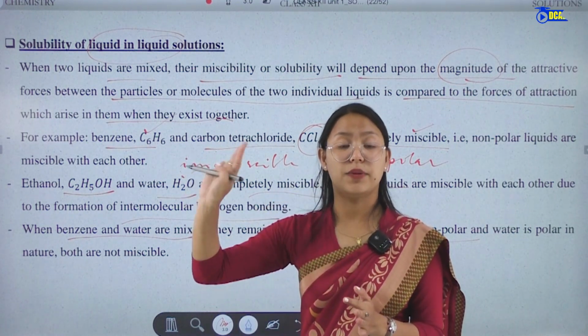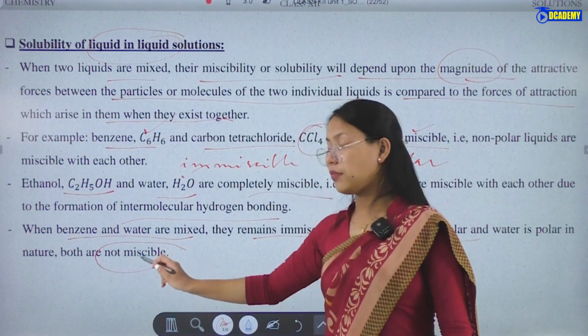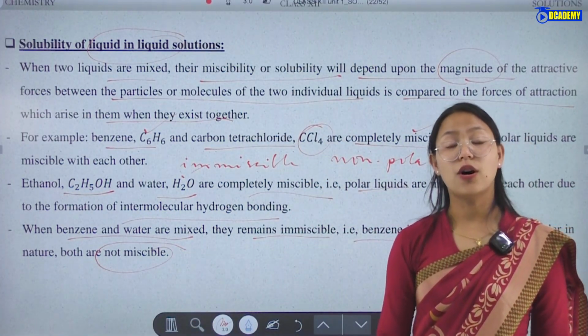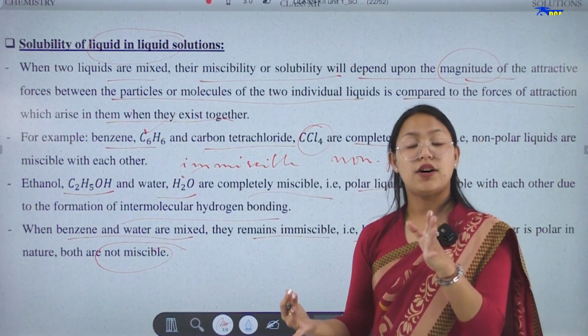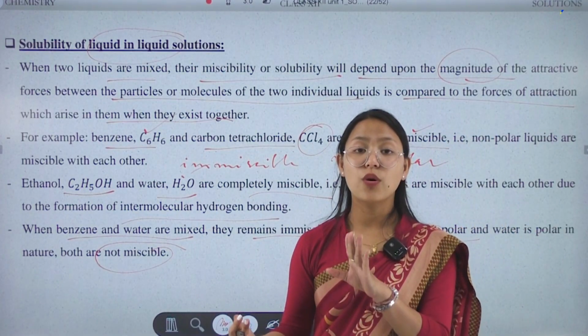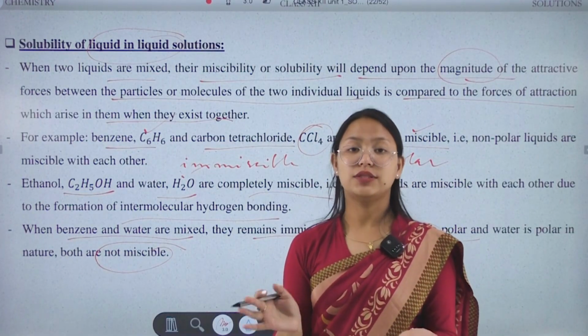So they are not miscible, and in chemical terms there is no intermolecular hydrogen bonding.